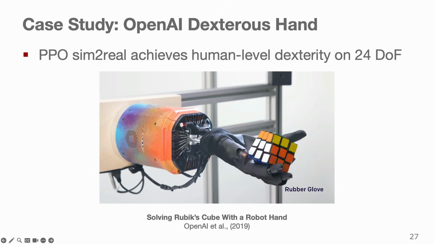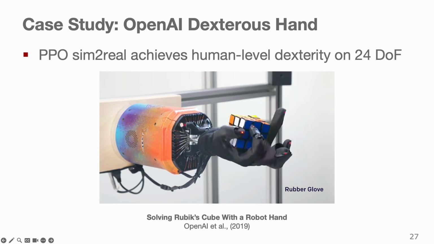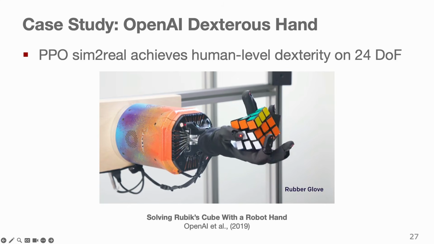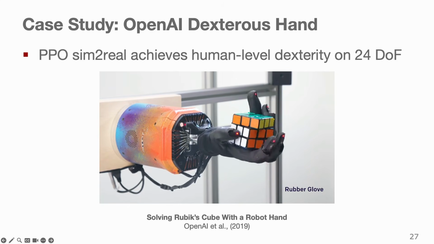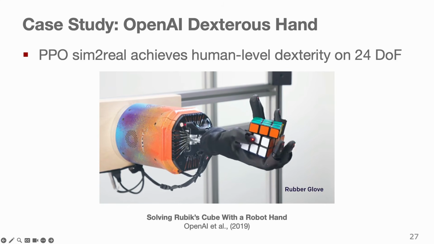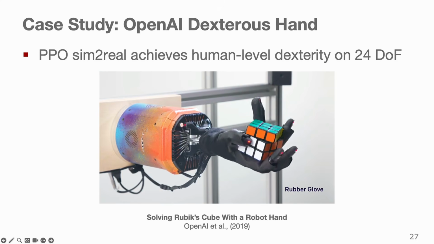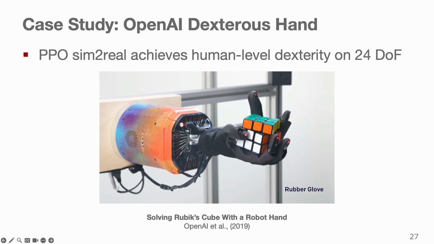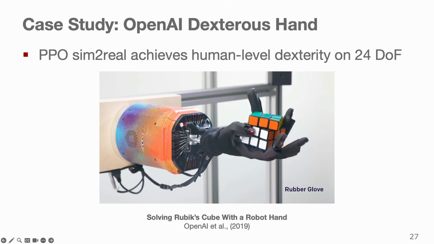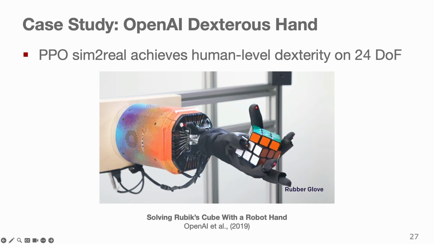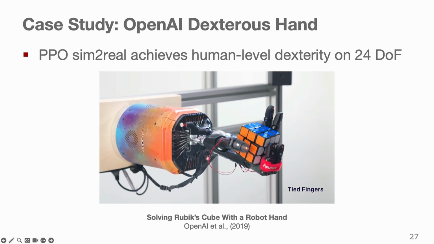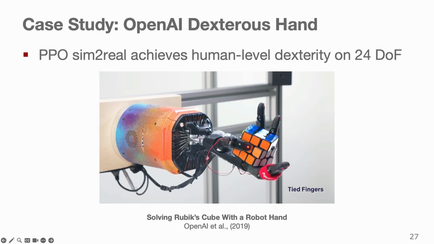In robotics, one famous application of PPO was done by OpenAI in 2019, where they taught a really dexterous Shadow Hand that has 24 degrees of freedom to solve a Rubik's Cube. This was again a sim-to-real approach where they did a lot of domain randomization in simulation.